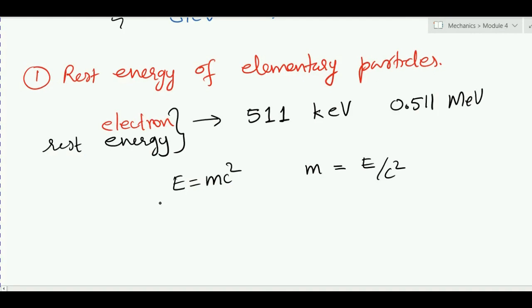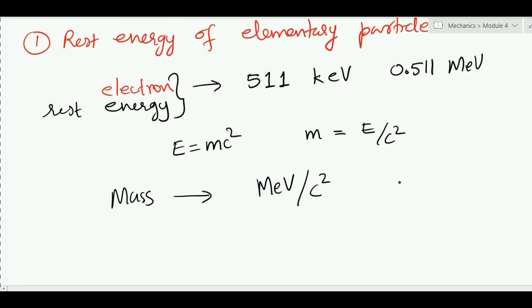Taking advantage of this relationship, we can also write a unit for mass. The unit for mass is going to be mega electron volt per c square, because we have c square here.